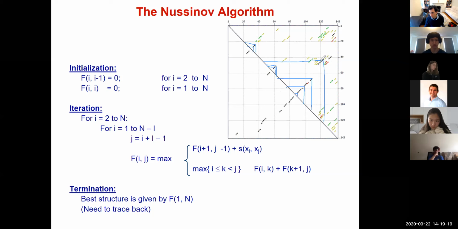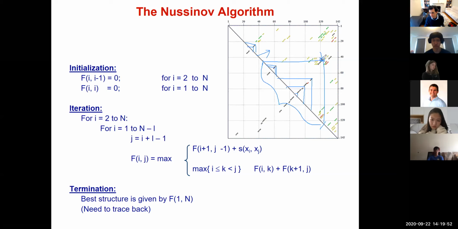So what I'm going to be computing here is the score at every one of those boxes, the score of the maximum score alignment, the minimum free energy alignment that I can obtain with the entire subset of that sequence here. So I'm using recursion to compute the score from the inside to the outside.